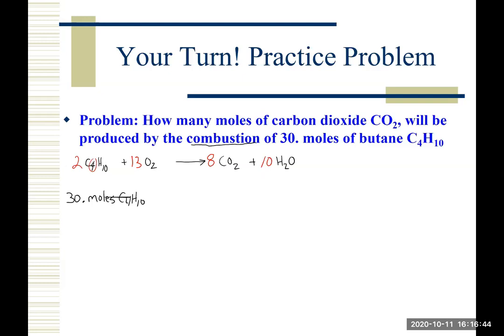We need moles of carbon dioxide. So we know that we don't want moles of butane, so we're going to put moles of butane on the bottom so that it'll cross cancel. We can use the stoichiometric coefficient to get from moles of butane to moles of carbon dioxide. So we put moles of carbon dioxide on the top.